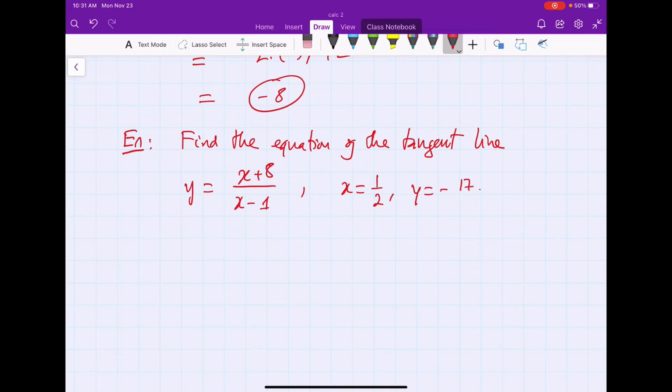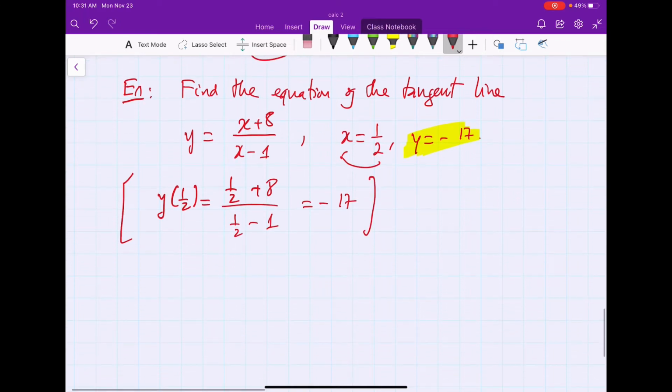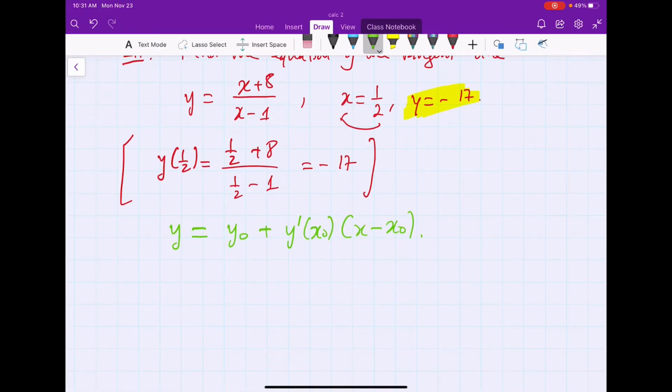They already gave you the y, but in case they don't, you need to find it by plugging x equal to 1/2 into the function, right? I find the y, for example, 1/2 plus 8 over 1/2 minus 1, so you get -17. Don't forget that. All right, so I need to find the first derivative because the equation looks like y equal to y0 plus y prime at x0 times x minus x0. So that means I need to find the slope, right?